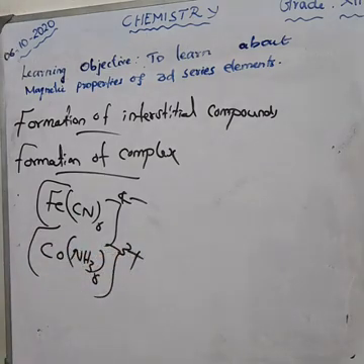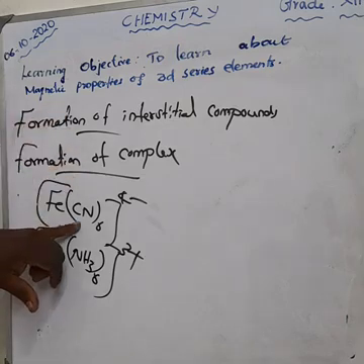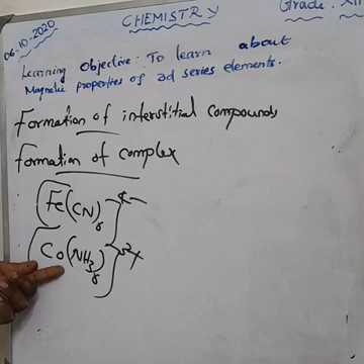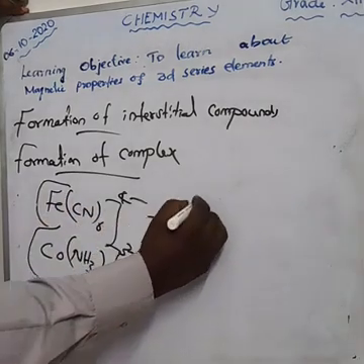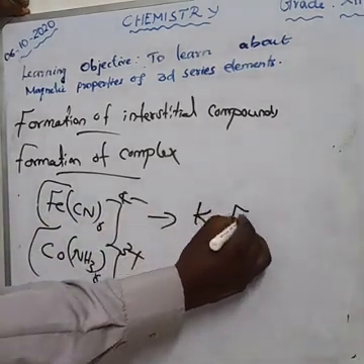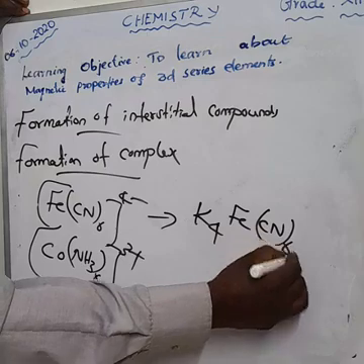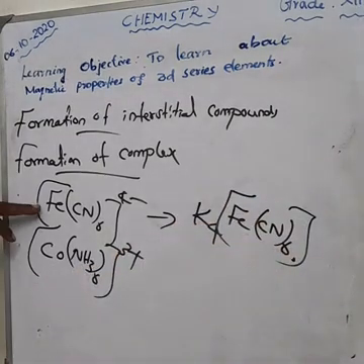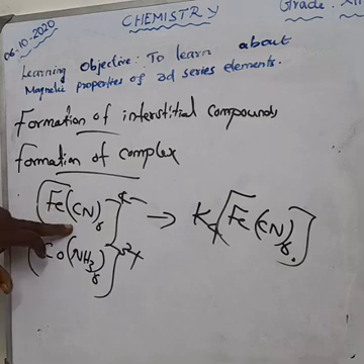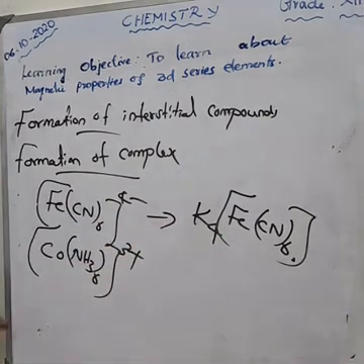The 3d series has iron. Iron makes a complex with the help of cyanide, and cobalt makes a complex with the help of ammonia. A very good example is potassium ferrocyanide, K4Fe(CN)6. Iron makes this complex.